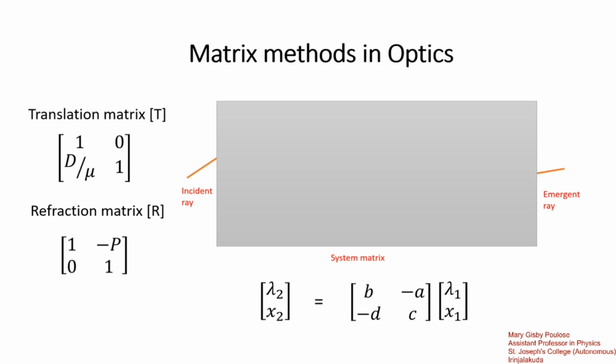I have used these letters because the system matrix is represented using Gauss constants, and these A, B, C, D constants are called Gauss constants.